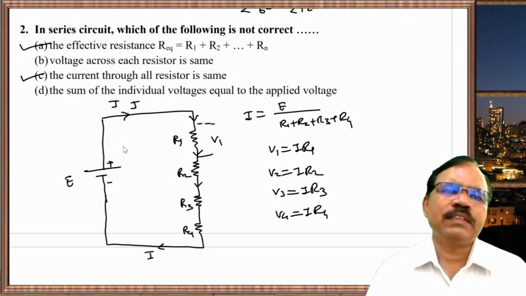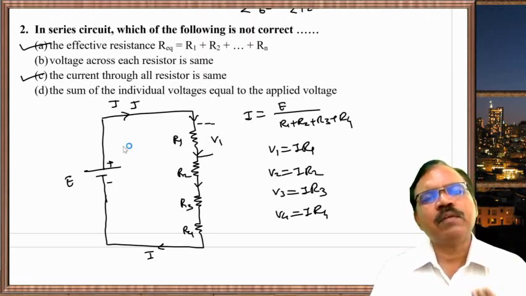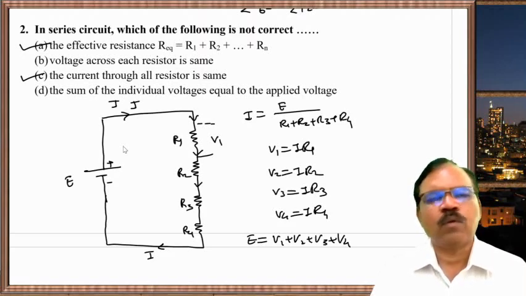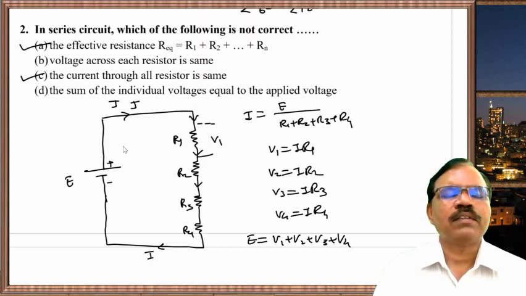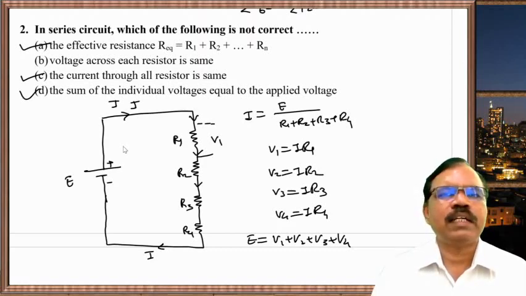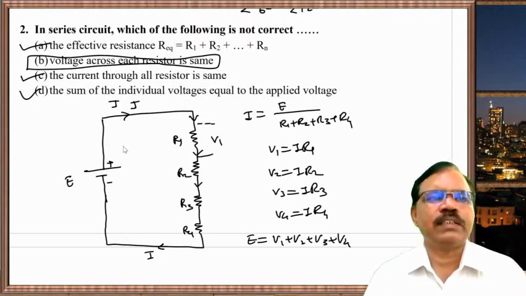Since resistances are in series, the same current is flowing, so the potential difference will be more when the resistance is more. And according to Kirchhoff's law, E is equal to V1 plus V2 plus V3 plus V4. So the sum of the individual voltages equals the applied voltage, that is according to Kirchhoff's second law. The voltage across each resistor is same? No, that depends on the value of resistance. If it is more, voltage is more.